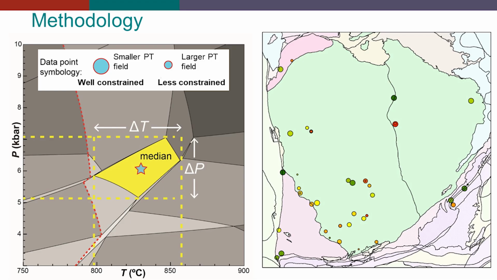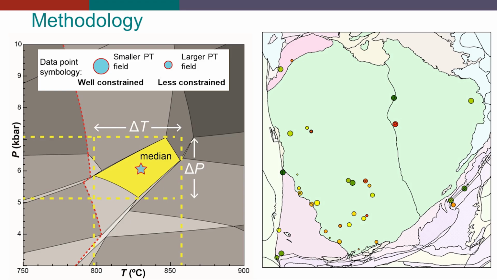We report our metamorphic data, so the ones that you see on the map here, these are median values. Okay, so these are the median temperatures and the median pressures. And we also report the min and the max, so that we call that uncertainty, but it's really just the range of permissible values.